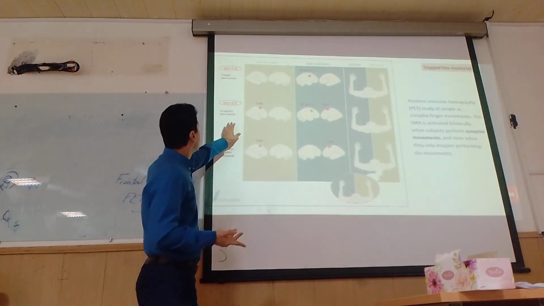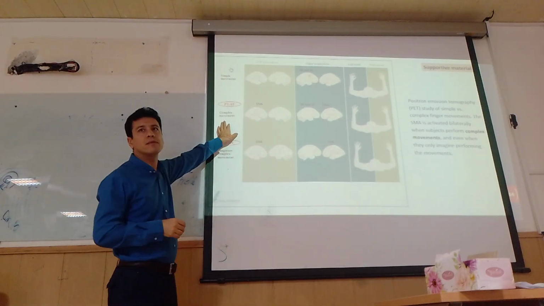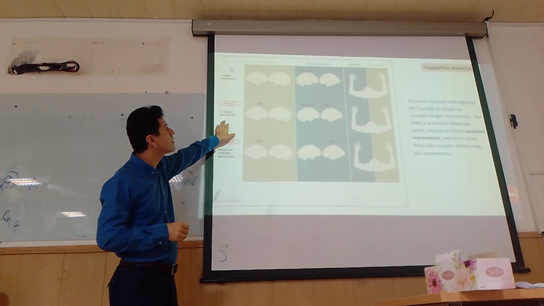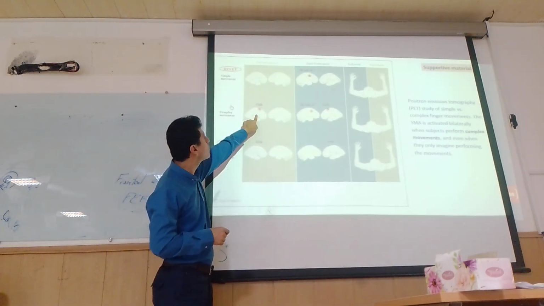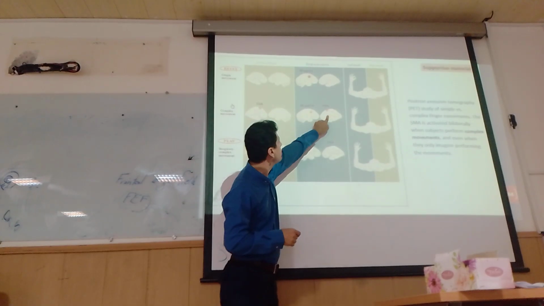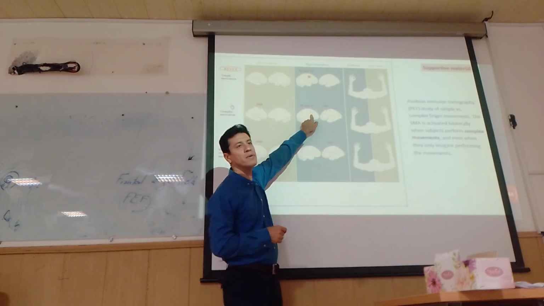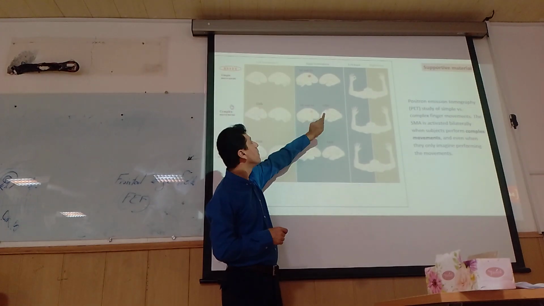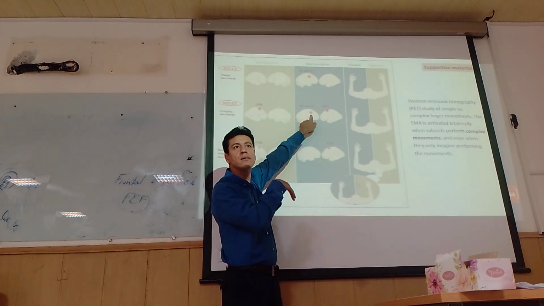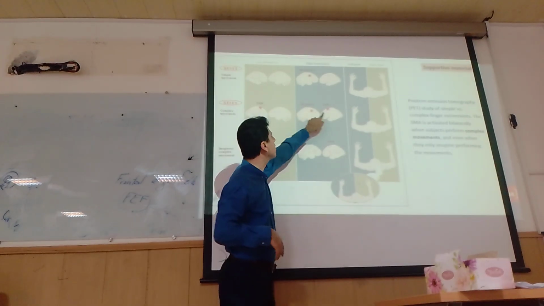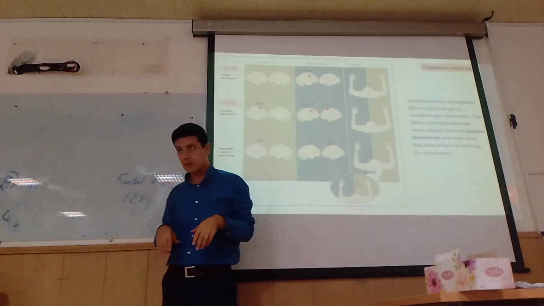Then we have complex movement, right? Let's see what happens. Okay? Supplementary motor area, primary motor cortex. Primary motor cortex on the opposite side, but supplementary motor area on both sides are activated.